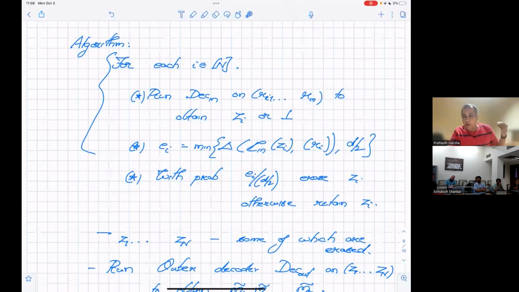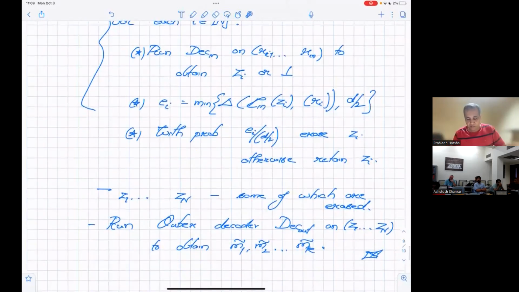The closer it is to 0, it's going to retain it. So it does one of these two based on this. And it now has an n-symbol object, some of which have been erasures. And now we are going to run the outer decoder on this object. And the claim is this works well.